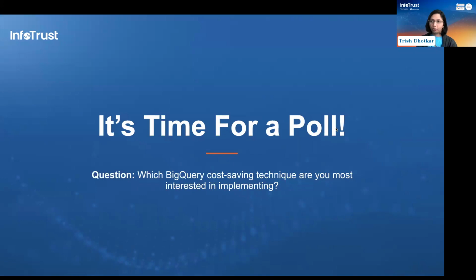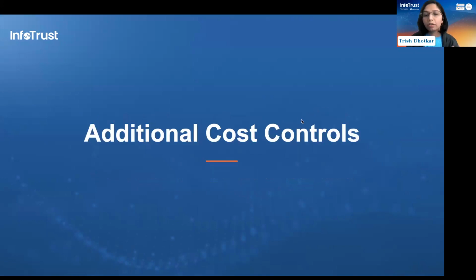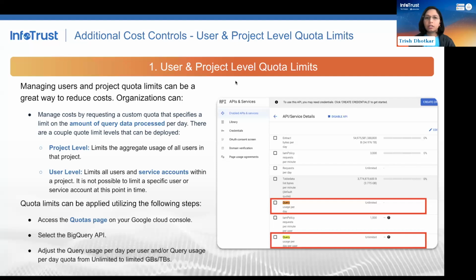All right, so let me run through the next things. There are some more things that you could do for cost controlling, and it's an administrative piece. So think of placing budgets or creating alerts for your BigQuery cost. The very first thing that you could do is set up a quota limit. Right now, by default, you can run unlimited data and you don't have any policy on how much you can use.